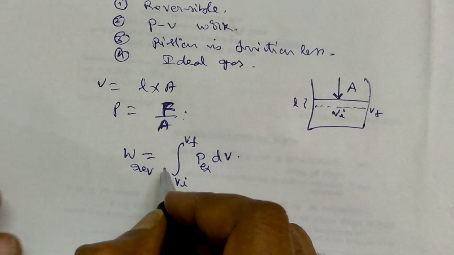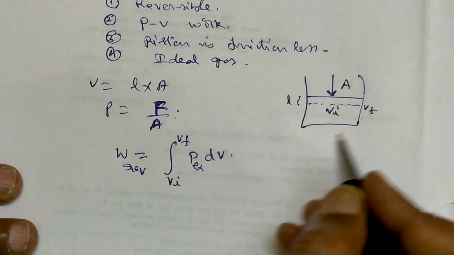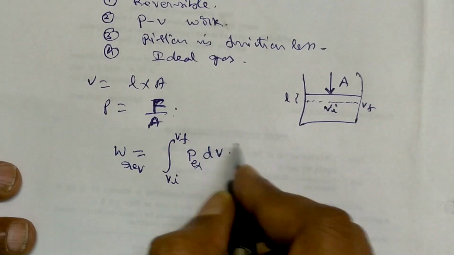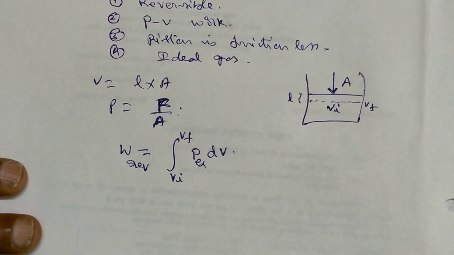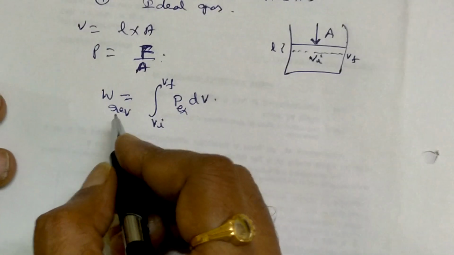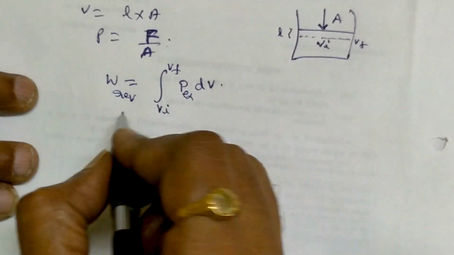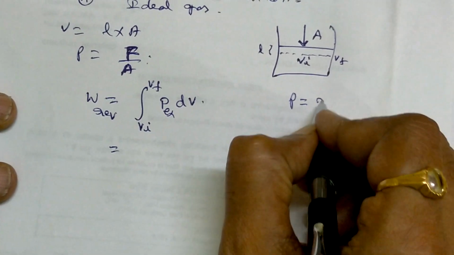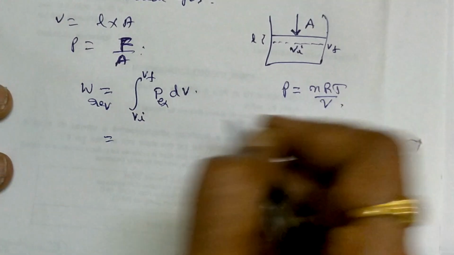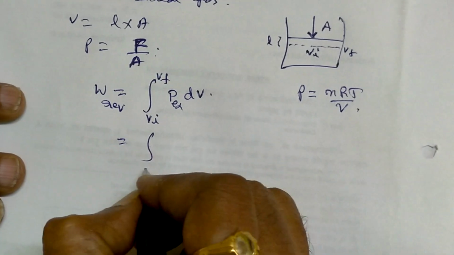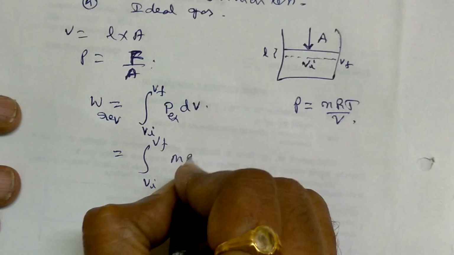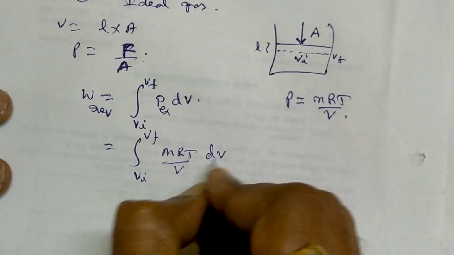Now, the same thing for expansion we can write with P, the internal pressure of the gas, dV. We know P equals nRT by V. So the same thing, I am replacing P external with nRT by V into dV, from Vi to Vf.